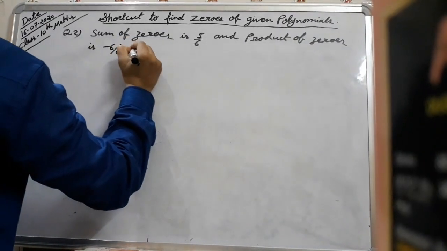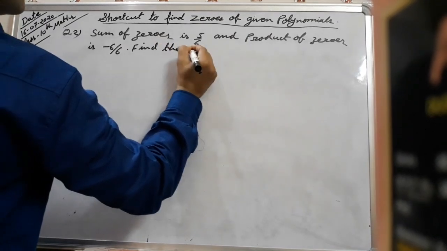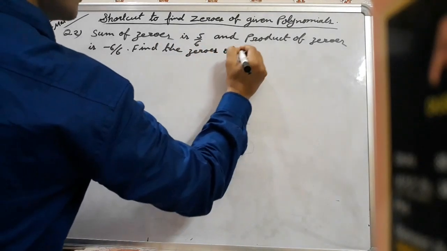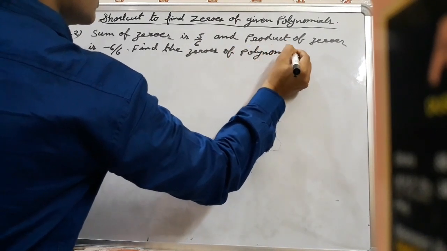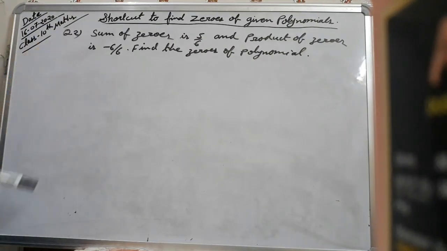Then find the zeros of the polynomial. With the help of that new formula, you can solve easily. How will you solve this one?